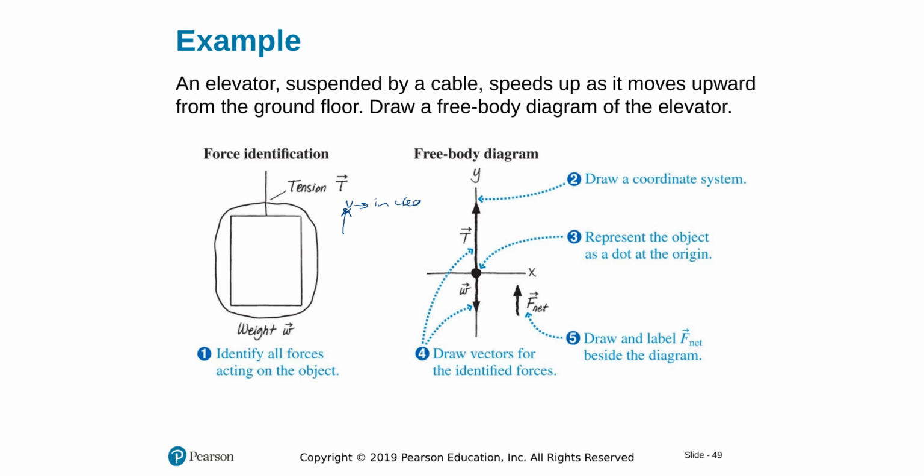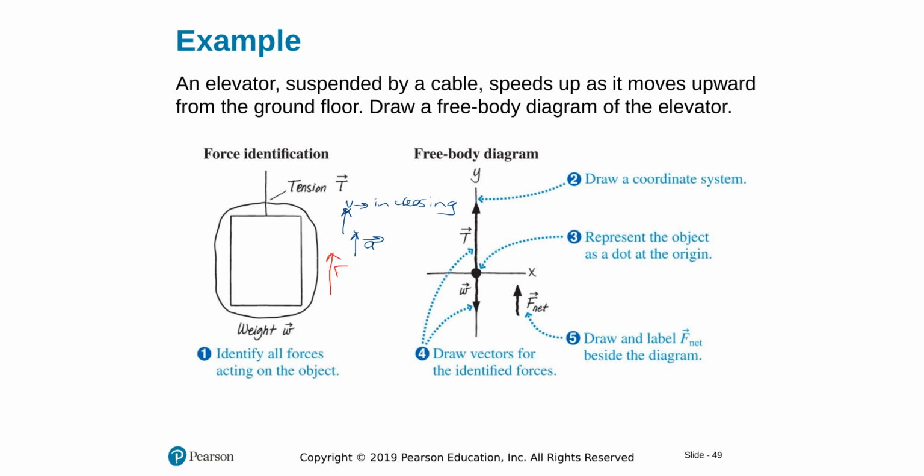So we'll use prior knowledge here. If velocity is increasing, acceleration is also upward and increasing. So here is our acceleration. If the acceleration is upward, right away with our new knowledge we'll say F net and acceleration are always in the same direction.